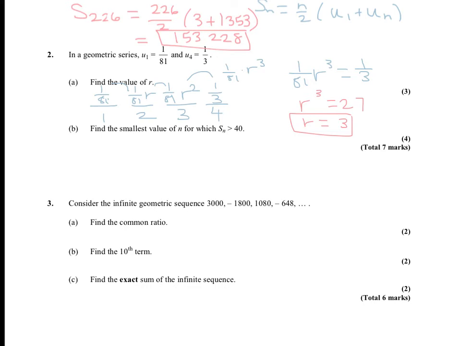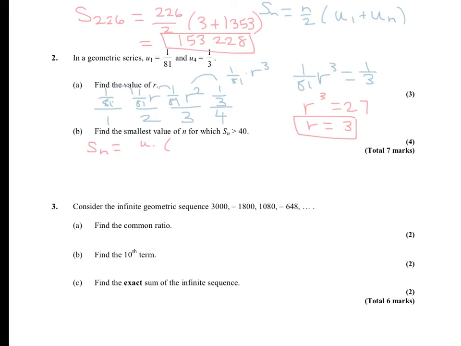Then it says find the smallest value of n for which s sub n is greater than 40. So I'm going to use my s sub n formula, which says u sub 1 times r to the n minus 1, all over r minus 1.